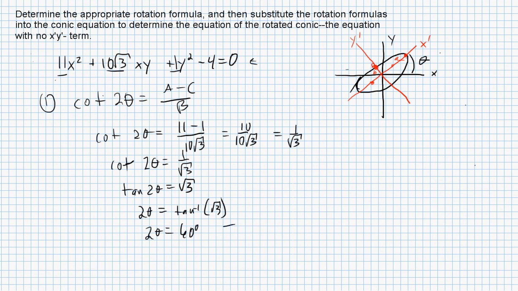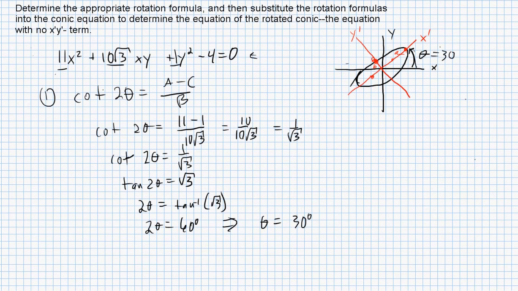Therefore theta, the necessary rotation angle, is 30 degrees. We have to rotate the black xy axes 30 degrees up to get that red axis, which gives us the simpler conic.